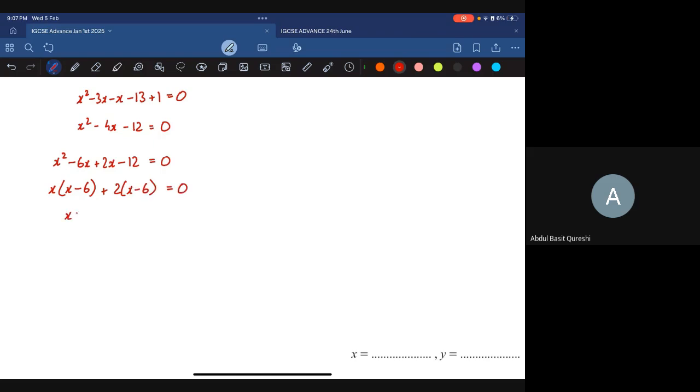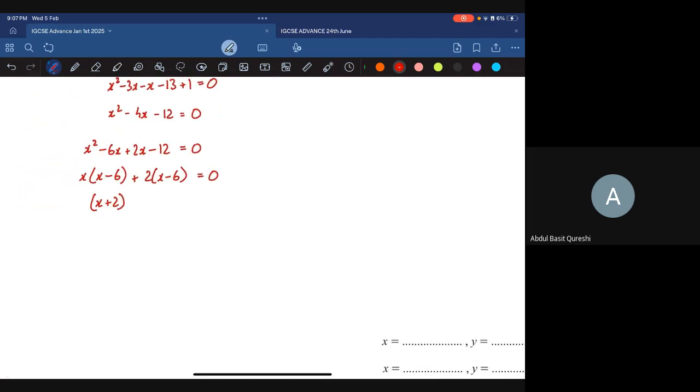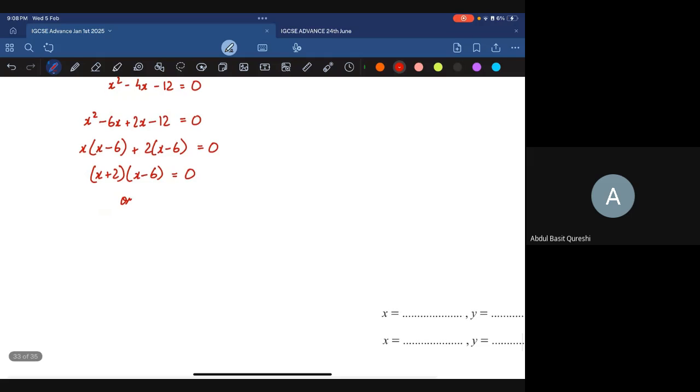So it is going to be x plus 2, x minus 6 is equal to 0. Then x plus 2 is equal to 0, or x minus 6 is equal to 0. x is equal to minus 2 or x is equal to plus 6.